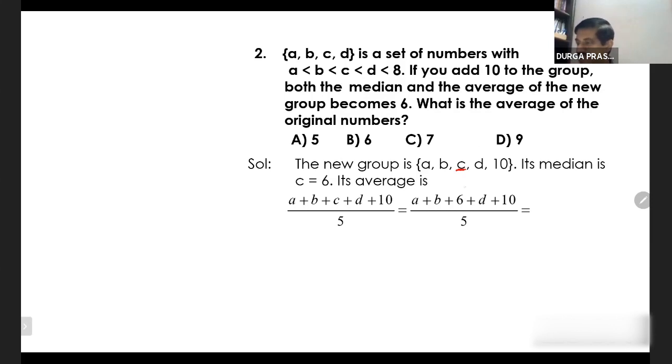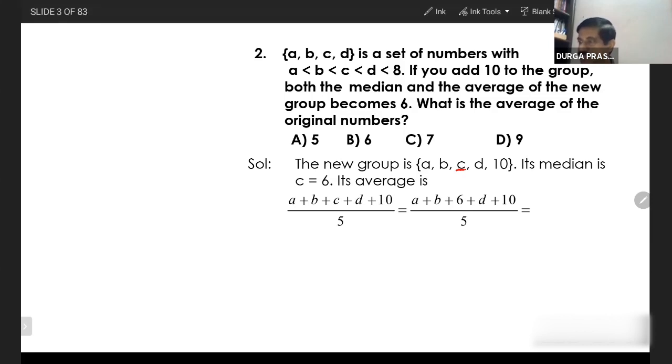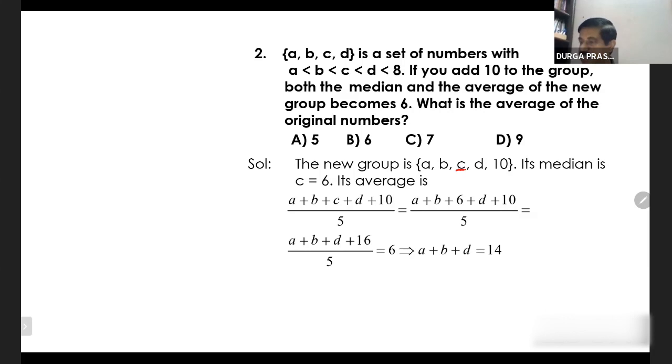So even this is equal to 6. A plus B plus C plus D plus 10, by 5, is also equal to 6, whereas we got C as 6. So we substitute those values, and after simplification, we get A plus B plus D is equal to 14.